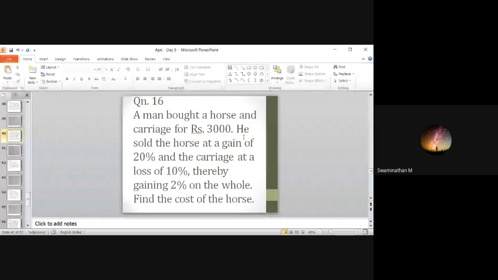So the gain is 20% of x, minus, for the carriage he is losing 10%, so 3000 minus x into 10%, thereby gaining 2% on the whole. So 2% on the whole means 2% of 3000. Find the cost of the horse.